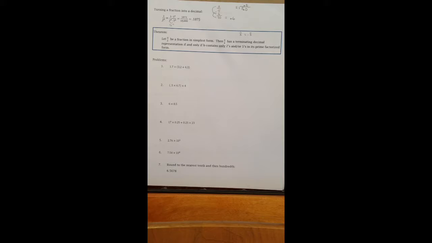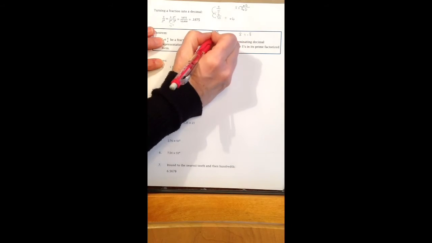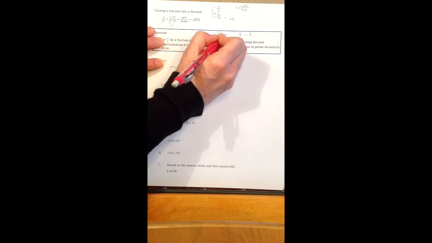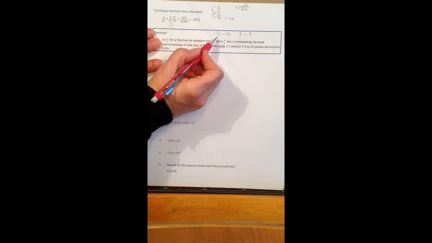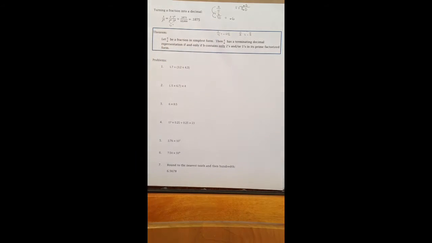It's got a factor of 3. So anytime there's a factor of 3 in the denominator of your fraction, it will not terminate. But if you look at 1/4, that's 0.25 and it stops. Well, 1/4, if you look at 4, it only has 2 and 2 in the denominator.